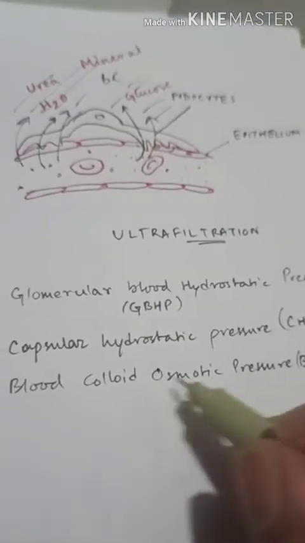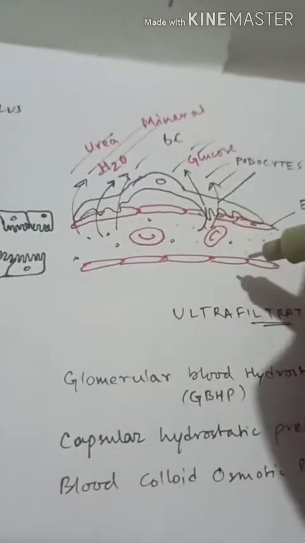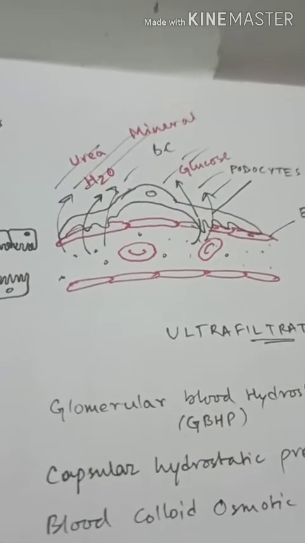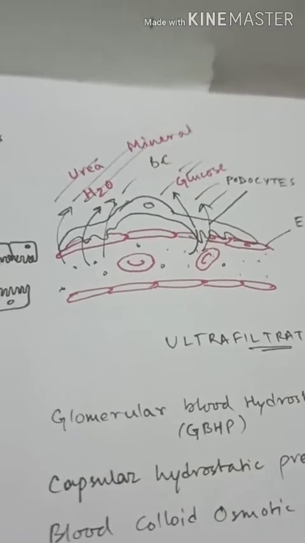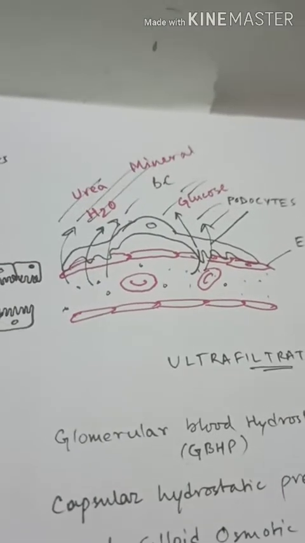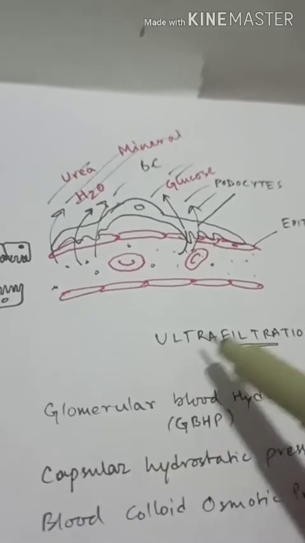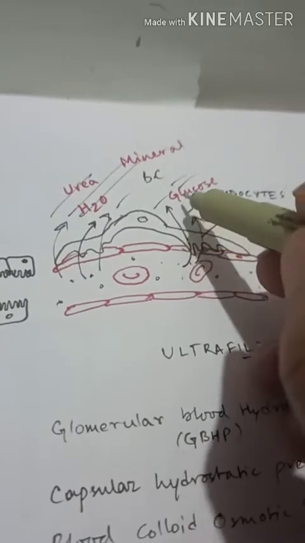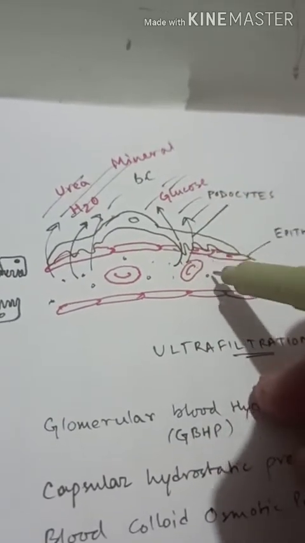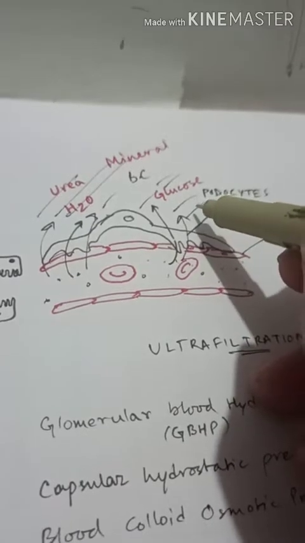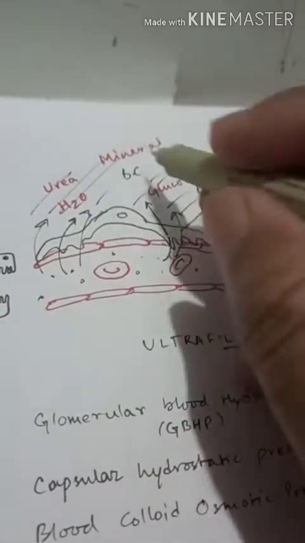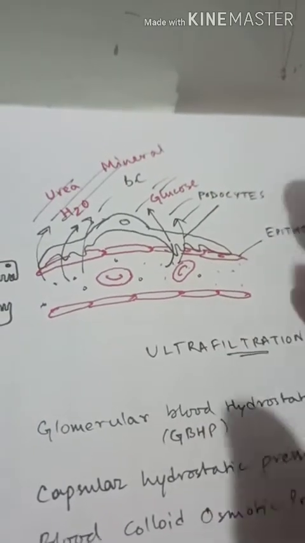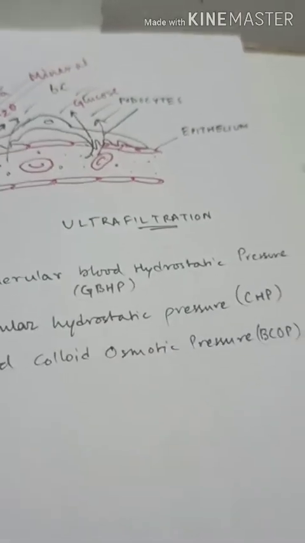This pressure is exerted by the blood present in the glomerulus. The particles which are non-diffusible, the proteins and everything present in the blood, will not go back into this chamber, but will create a reverse diffusion right here, which is like a negative pressure in this area. So this pressure is trying to bring everything back into the blood. That pressure is known as the blood colloid osmotic pressure.